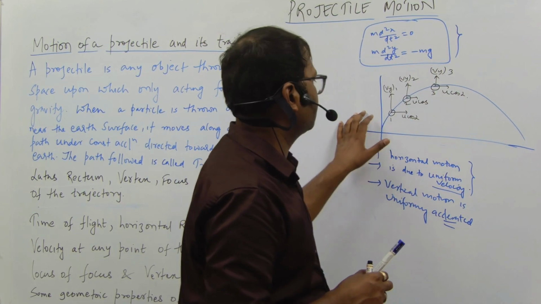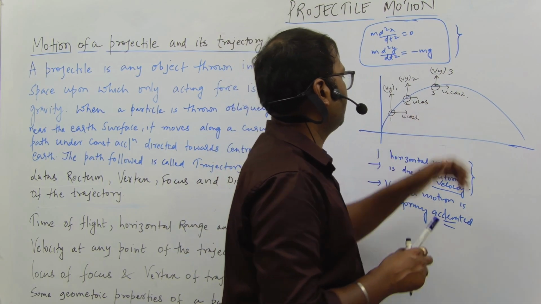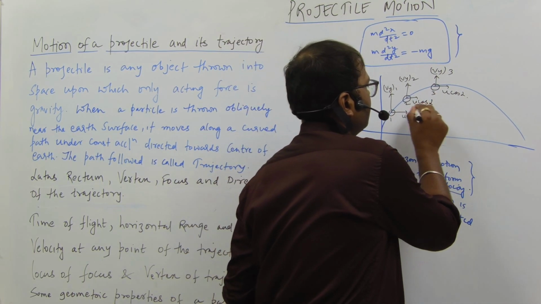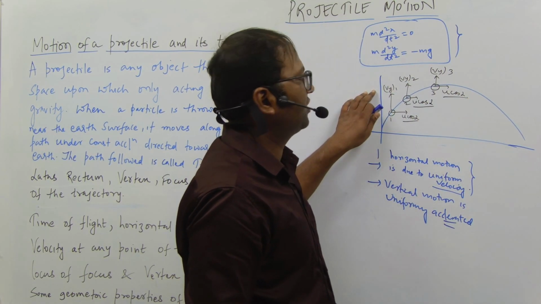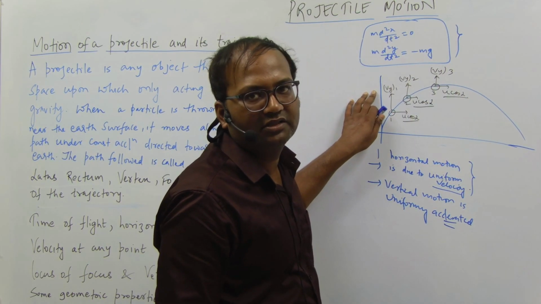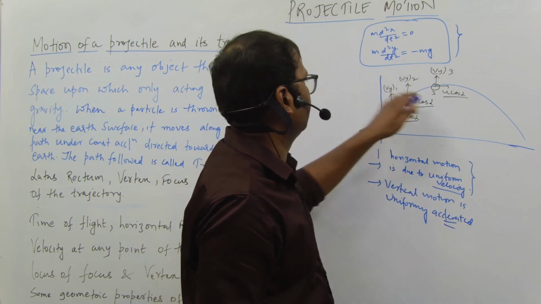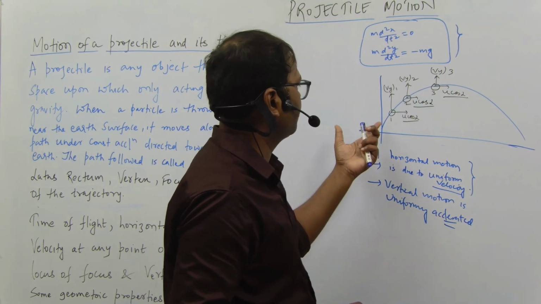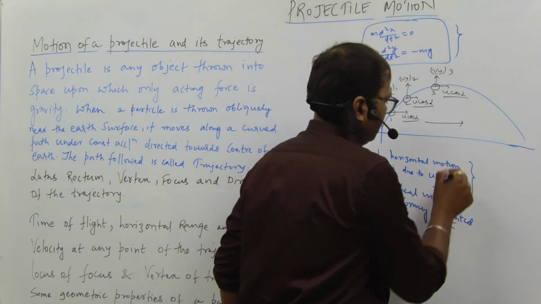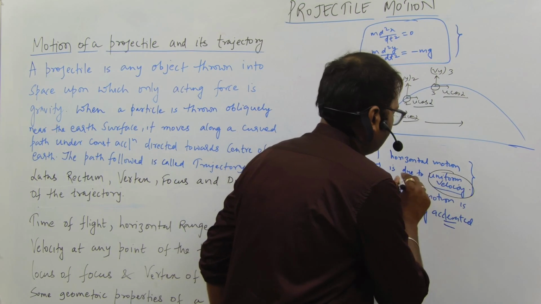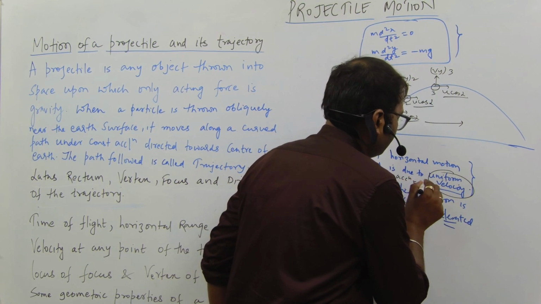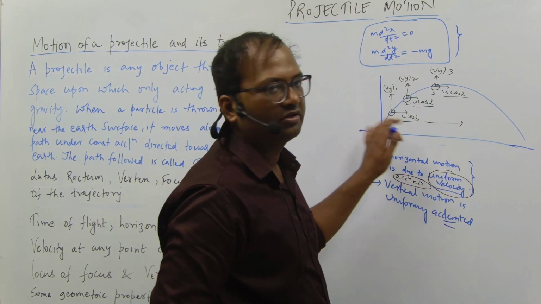So we have considered 3 points. At all these 3 points the horizontal velocity is constant, that is u cos alpha, but the velocity in the vertical direction is getting changed. The horizontal motion is due to uniform velocity, and acceleration is 0 there, because there is no change in velocity in the horizontal direction.